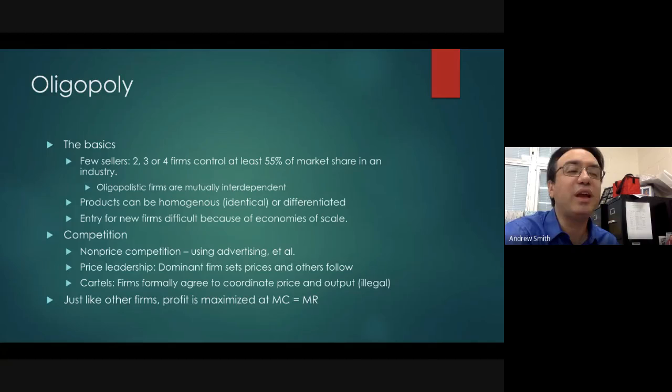The one thing we do occasionally see in oligopolies are what we call cartels, where firms will formally agree to coordinate their price and output. That is illegal in the United States, although it has not always been. In 1933, FDR, with the National Recovery Administration, not only authorized cartels, it basically authorized the government to force businesses to form them, to coordinate output and production.